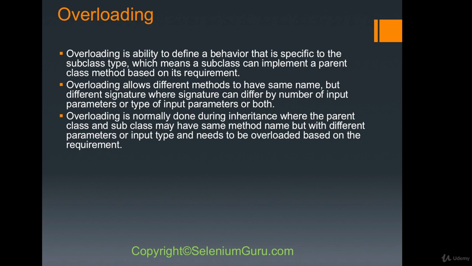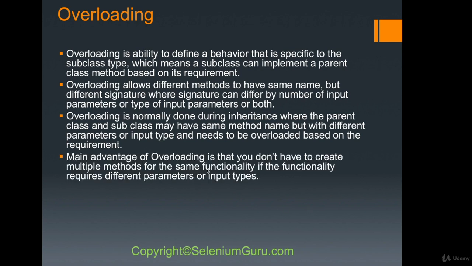Let's say the parent requires two int parameters, integer A, integer B. Now your child class could have three parameters, integer A, integer B, integer C. So now when you create an object, you can call the method with three parameters. Based on the requirement, you can call any method. Since the method name is the same and you have different parameters, you can call whichever method with the different parameters you want.